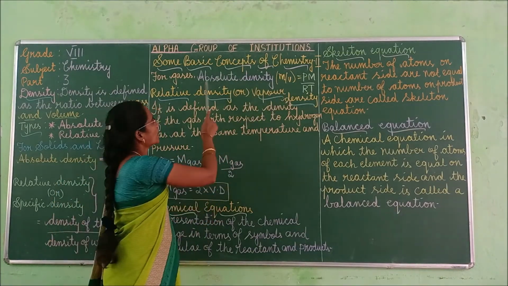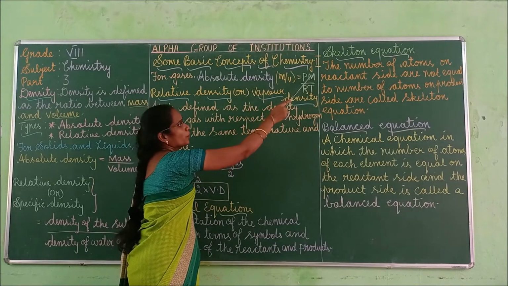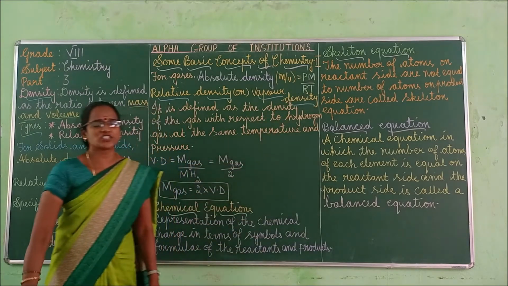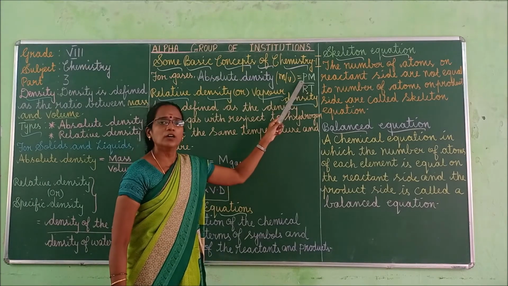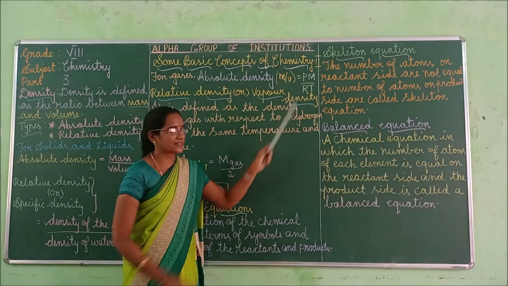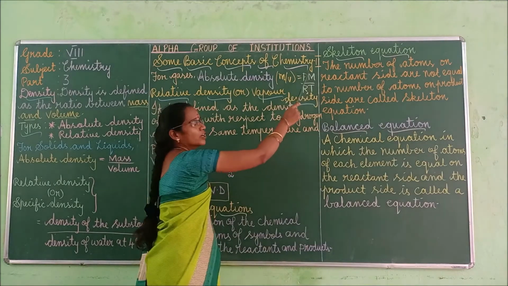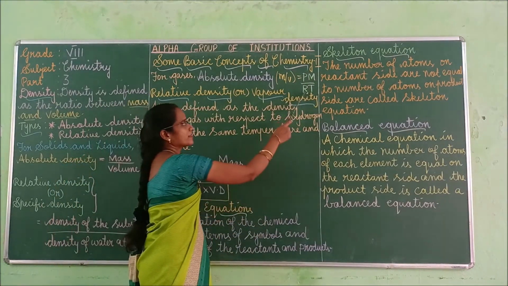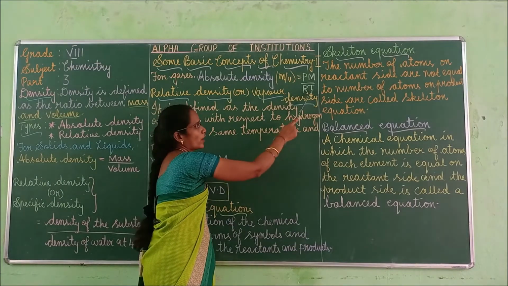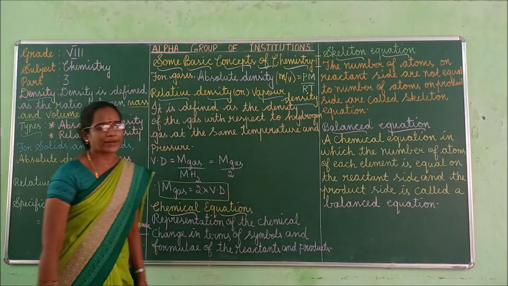So absolute density is equal to PM by RT. P is the pressure of the gas, whereas M is the molecular weight of the gas. R is the gas constant, whereas T is the temperature.